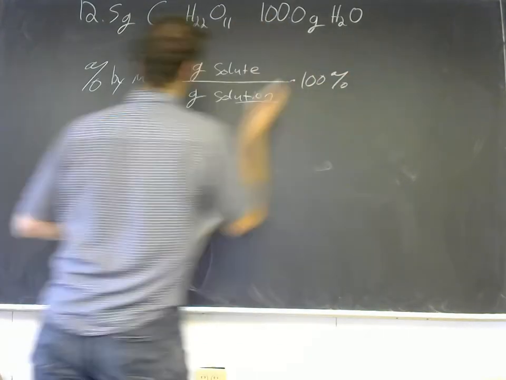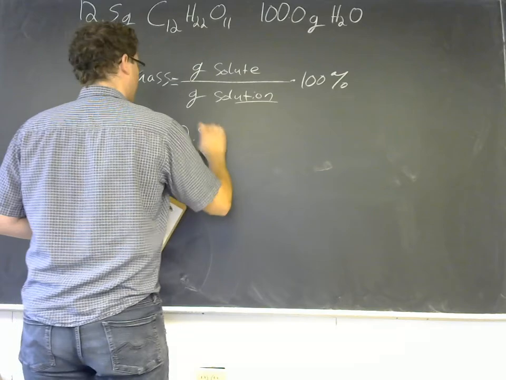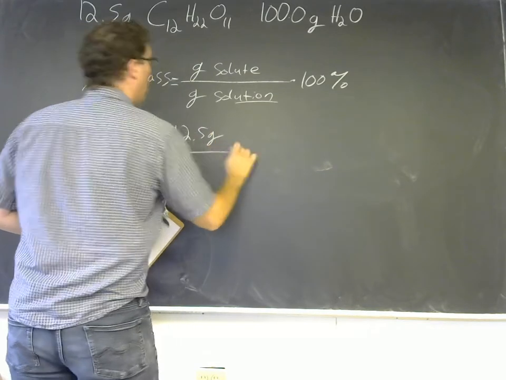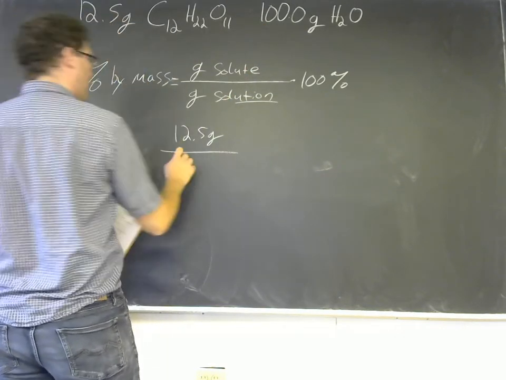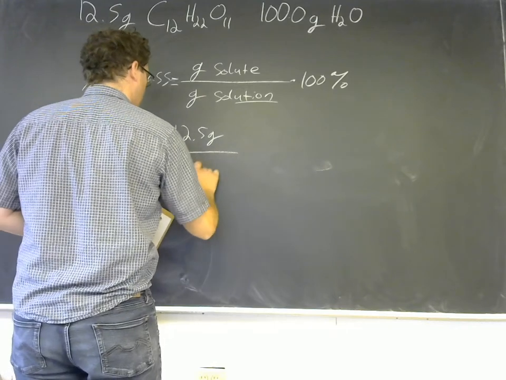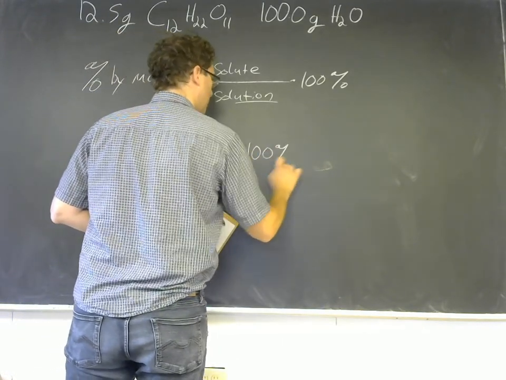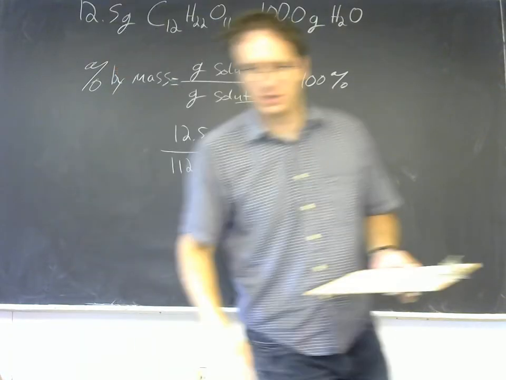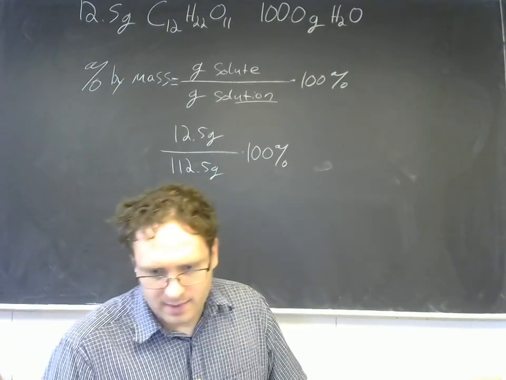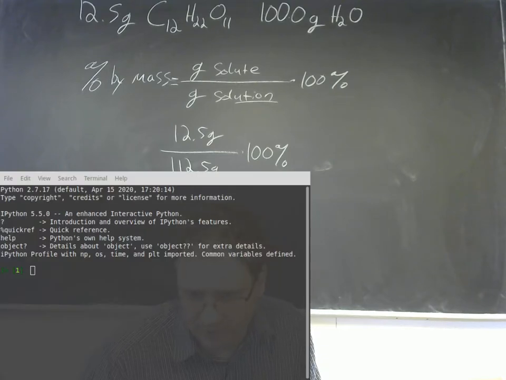In this case, that would be 12.5 grams over 100 plus 12.5 is 100.0, 12.5 grams times 100%. Let's figure out what that value would be. And it looks like 11.1%.